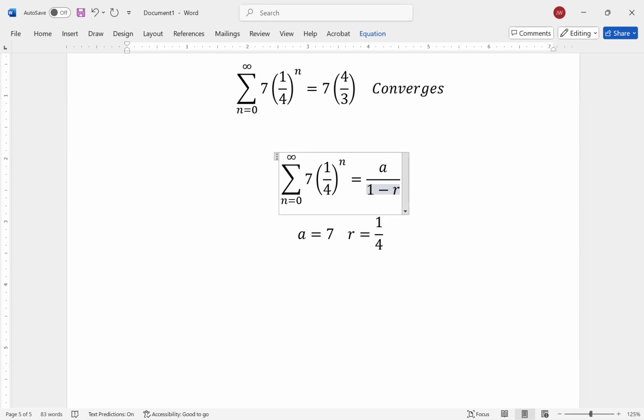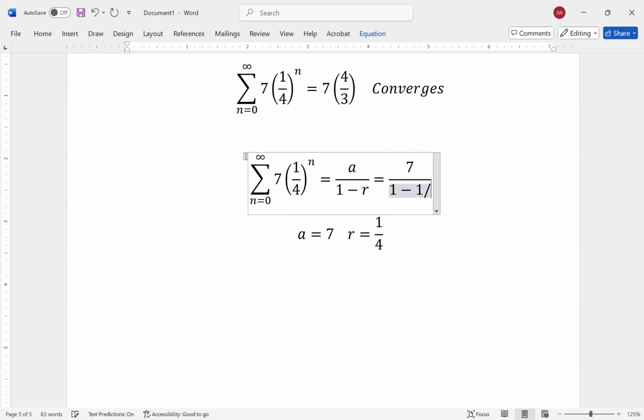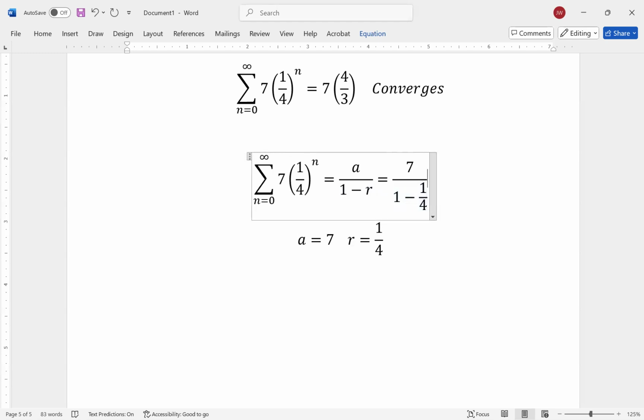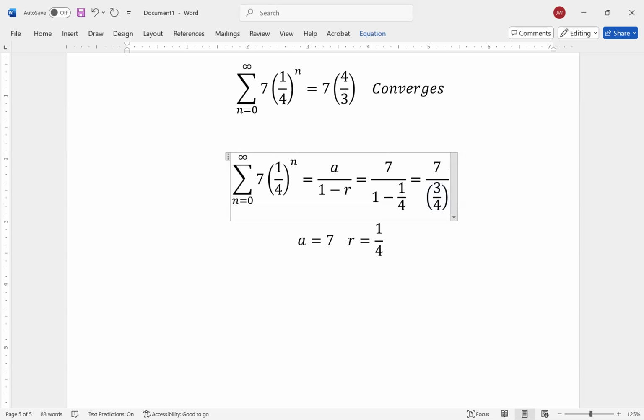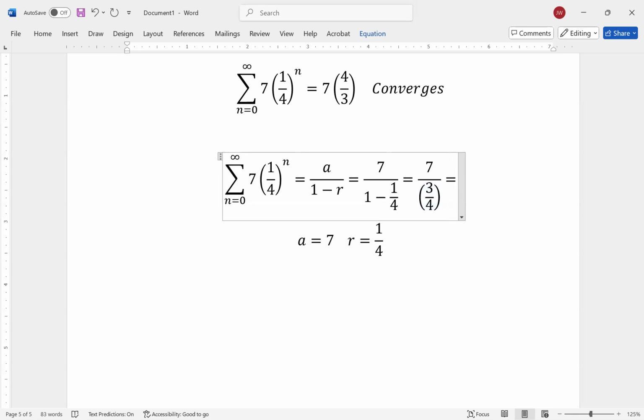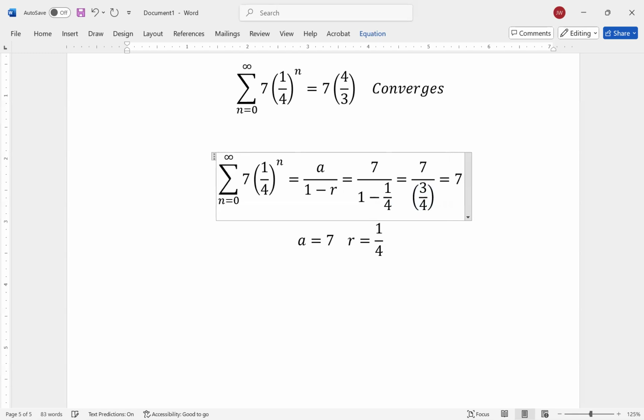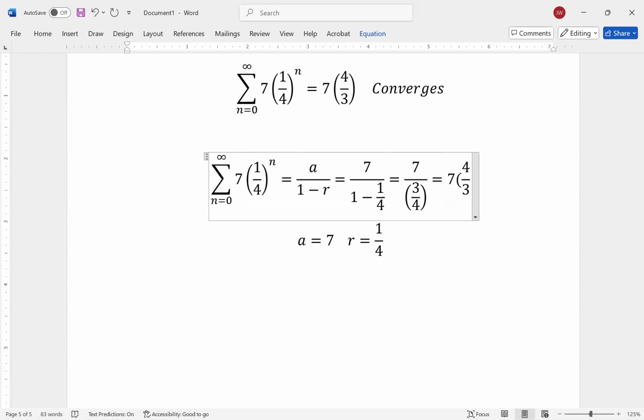I know it's going to converge because my base is less than 1. a over 1 minus r in this case is going to be 7 divided by 1 minus 1/4, which is equal to 7 divided by 3/4. And dividing by 3/4 is the same thing as multiplying by 4/3. So dividing by 3/4 is like 7 times 4/3.